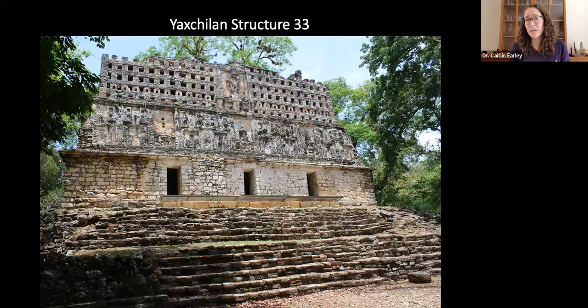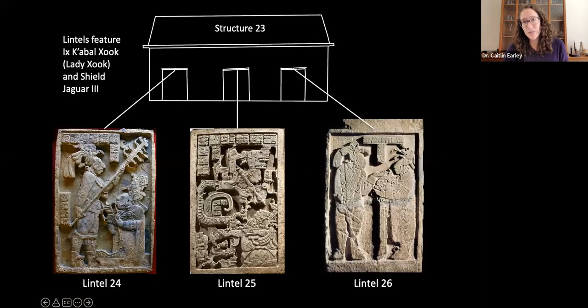Structure 33 is a bigger and more elaborate building, but it has this very typical Yaxchilán architectural type: a long, skinny building with three frontal doorways. And that's what Structure 23 looked like. We can see in Structure 33 too, this is also typical at Yaxchilán, we have these large lintels above the doorways. So we're going to look today at the lintels from Structure 23. This is a kind of sketchy reconstruction of what Structure 23 might have looked like.